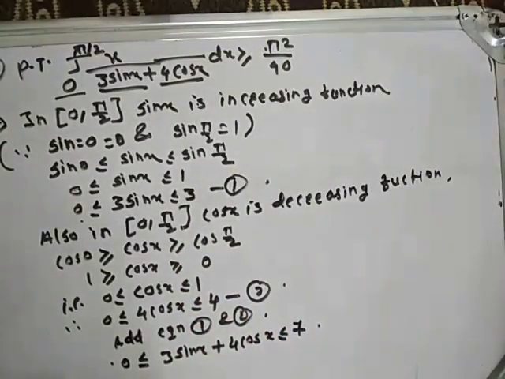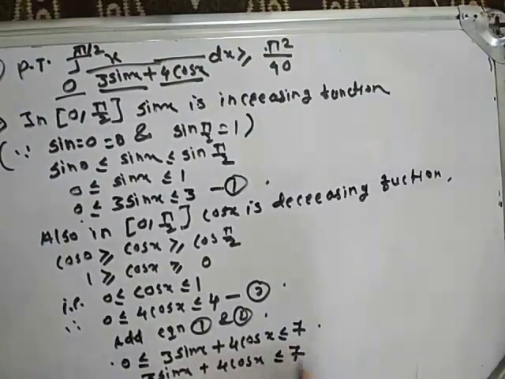That is, we can write 3 sin x plus 4 cos x is less than or equal to 7. Taking reciprocal on both sides we will get 1 upon 3 sin x plus 4 cos x is greater than or equal to 1 by 7.